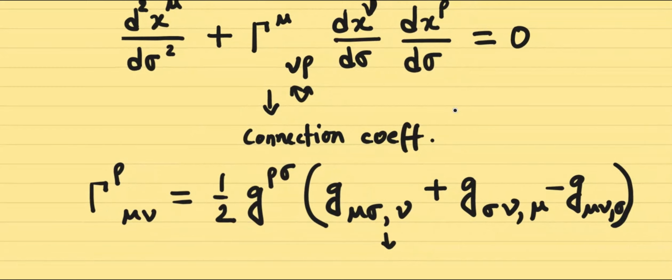So basically you fix rho here, which has 4 possibilities, and then you have to consider all the other possibilities that you can plug in here. Obviously the symmetry in the lower 2 indices gives you an edge in terms of calculation, but that's pretty much it. So it's a long calculation, as you can imagine.